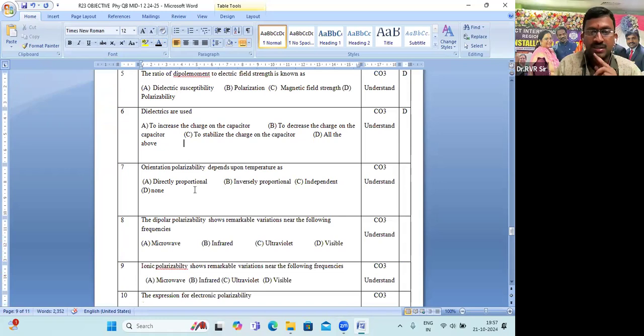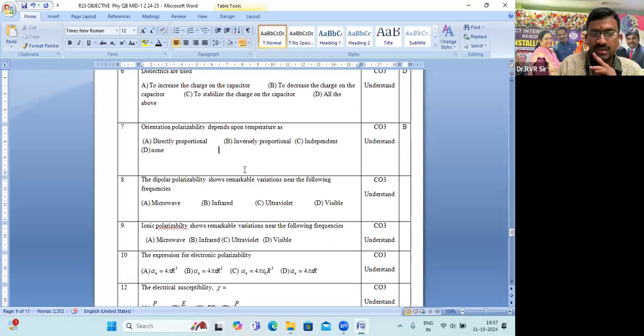The orientational polarizability depends on temperature as inversely proportional, so option B is the right answer.